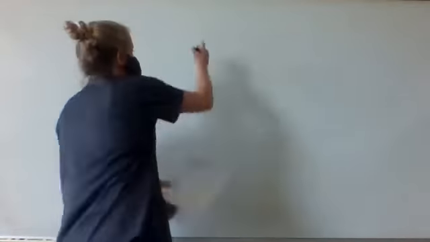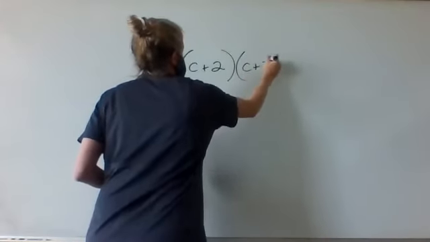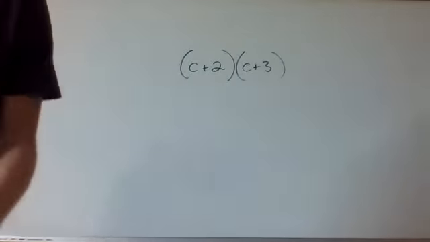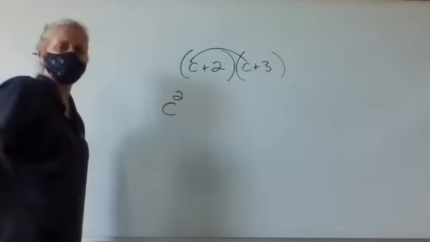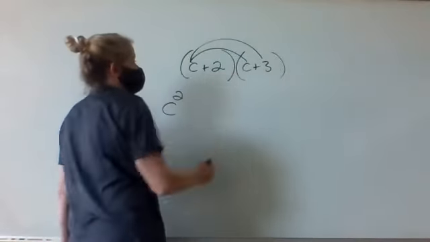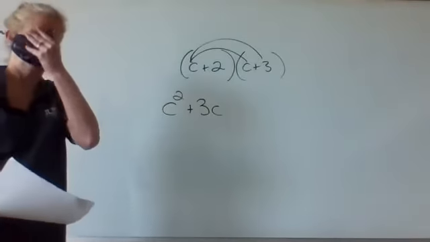You have c plus 2 times c plus 3. So we're just FOILing here. My first, c times c, gives me c squared. My outer, c times positive 3, gives me positive 3c.